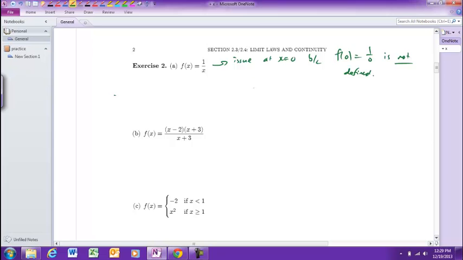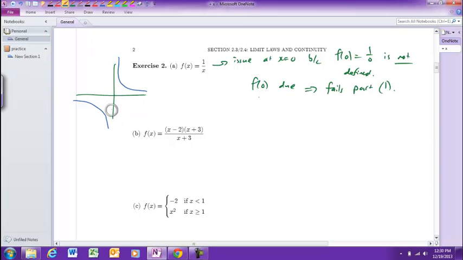So this means that f of 0 does not exist, which means that it fails part 1 of the definition that I put up above. You need to have the actual functional value exist at that spot where you're looking for the limit. Interestingly, if you graph this, the graph looks like this.